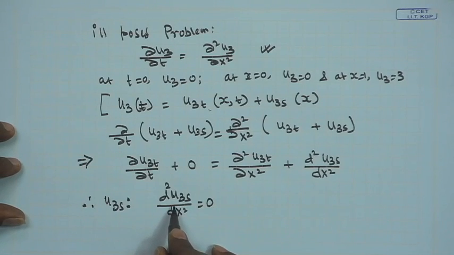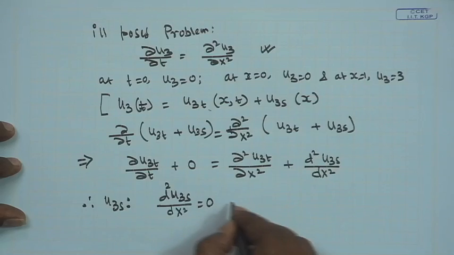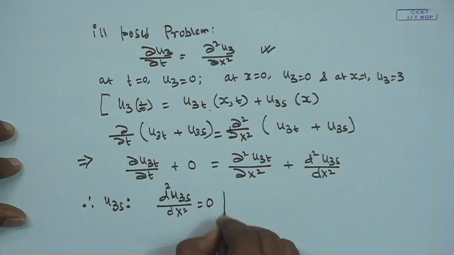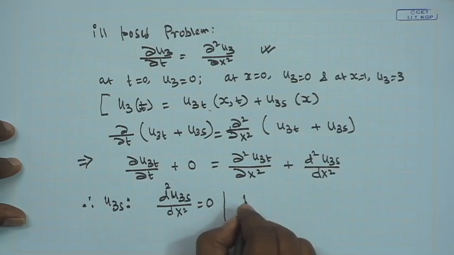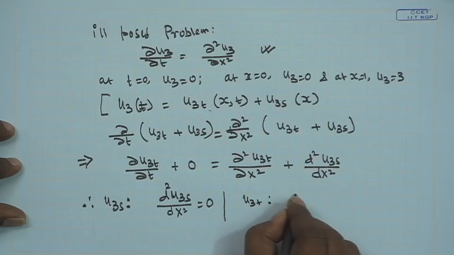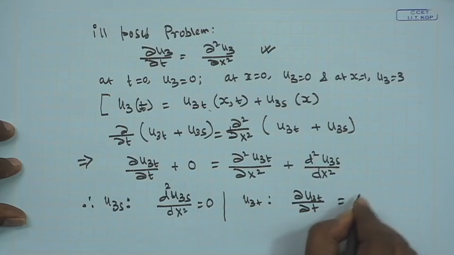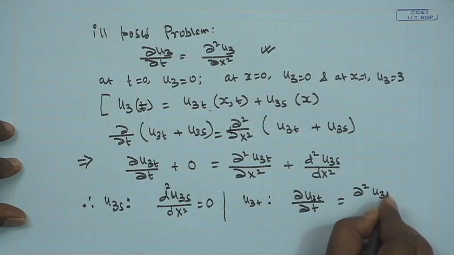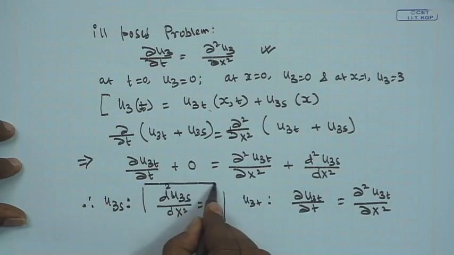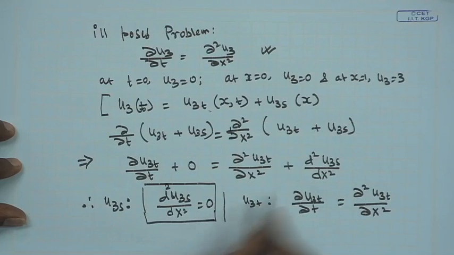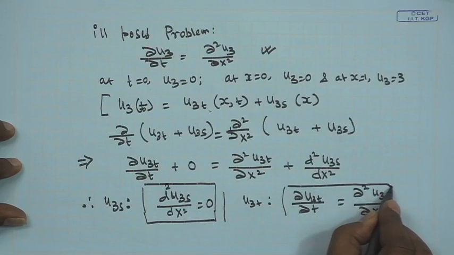And what is the governing equation of u3t? It is del u3t del t is equal to del square u3t del x square. So this is the governing equation of u3s, and this is the governing equation of u3t.